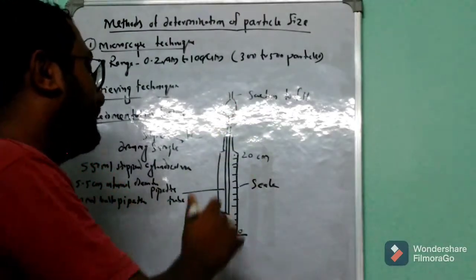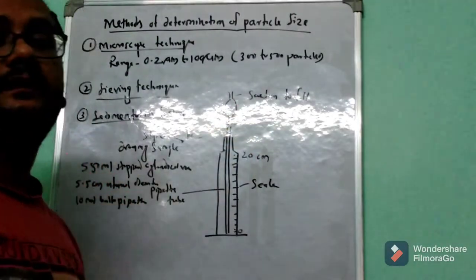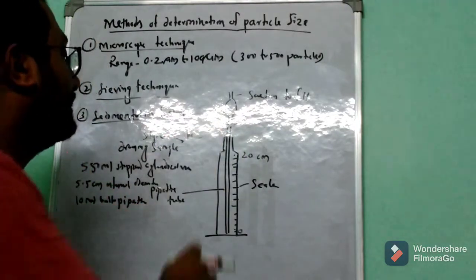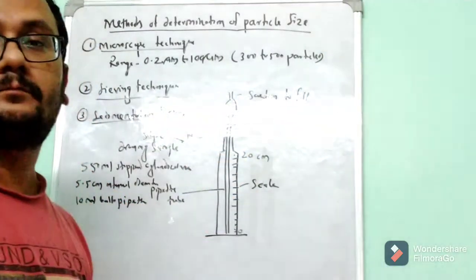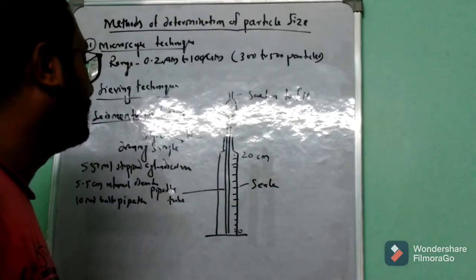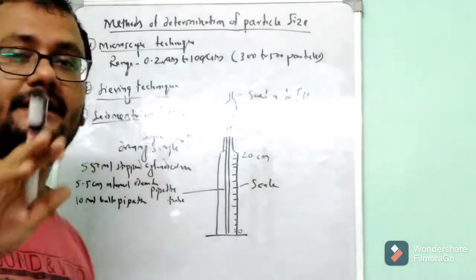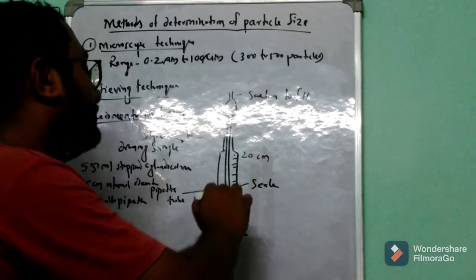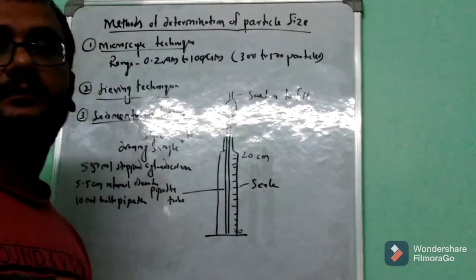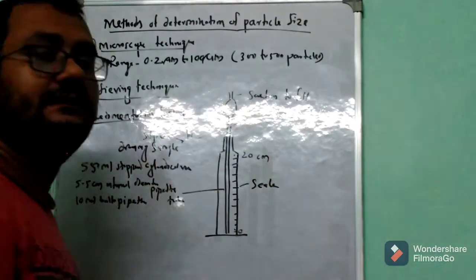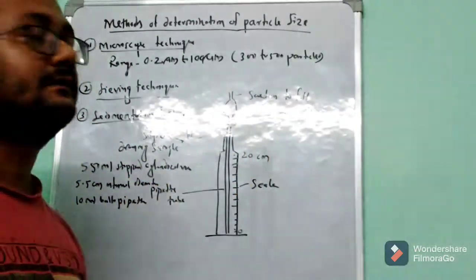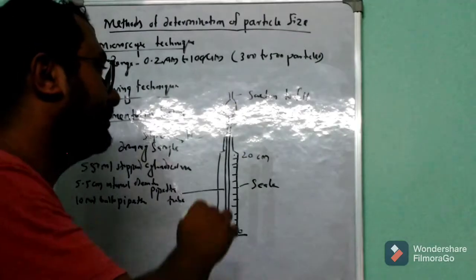Beside the vessel there is a scale up to 20 centimeters, and the capacity of the vessel is 550 ml. We keep the sample in it and evaluate the height, and we can also observe the sedimentation of the suspension.